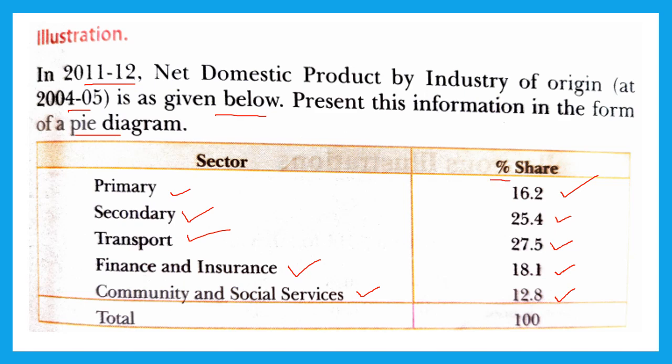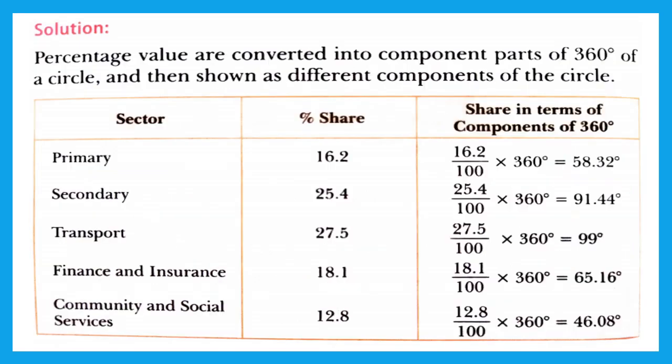First of all, we will convert it into degree. These are the sectors' shares. First of all, we will convert this percentage share into degrees, that is share in terms of components of 360 degrees. So how will we do it? 16.2 divided by 100, that is total percentage, into 360 degrees.